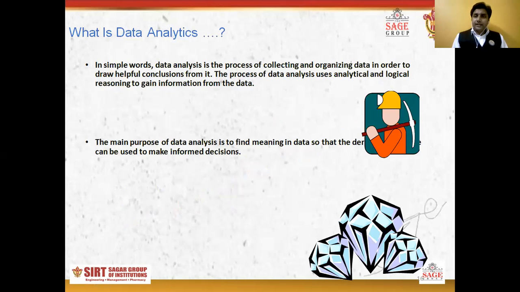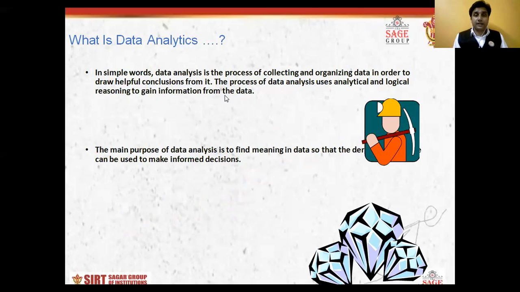So what is data analytics finally? In simple words, data analytics is the process of collecting and organizing data in order to draw helpful conclusions. All theory says that we have to find the conclusion, we have to find out the knowledge at last. The process of data analytics uses analytical and logical reasoning to gain information from the data.